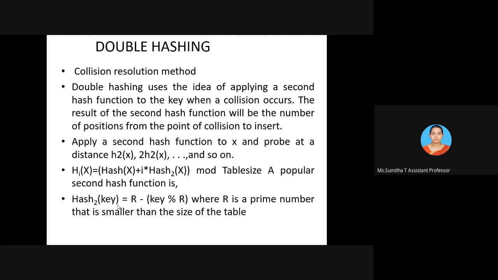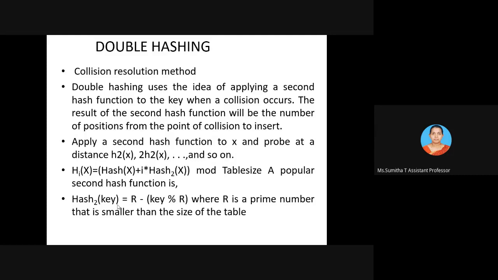Basic formula for finding the hash value. Yes, respond quickly. Key mod table size. Yes, very good. Key is nothing but the element we are going to insert, then the mod operation, then the table size. This is the formula for finding the hash key value.